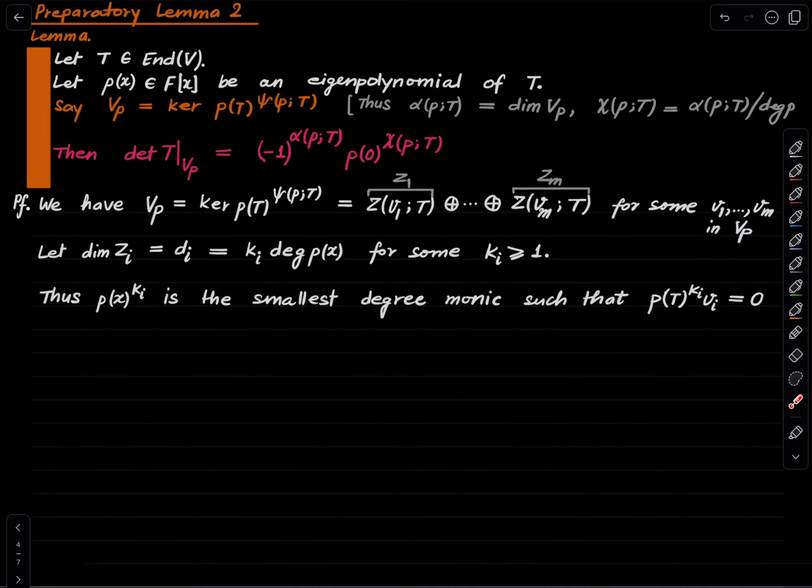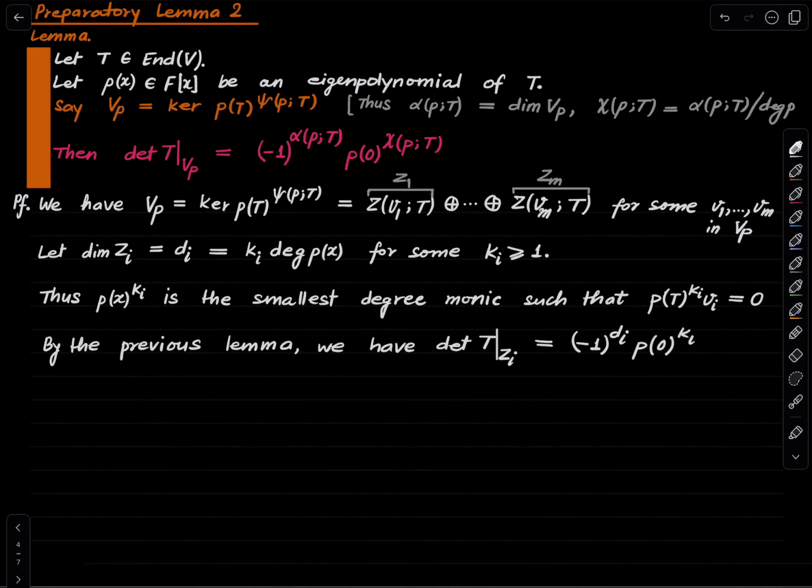And now by the previous lemma, we have that the determinant of T restricted to Zi, which is a T-invariant subspace so this is a meaningful endomorphism, is equal to -1 to the power dimension of Zi times the evaluation of the smallest degree monic that kills Vi at 0, immediately from the previous proposition.